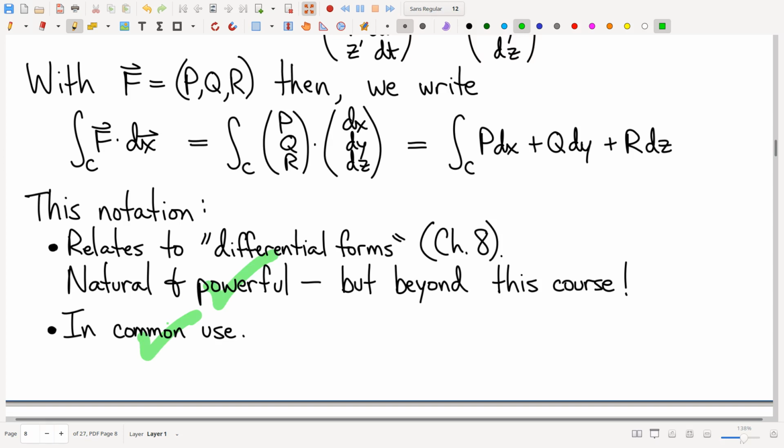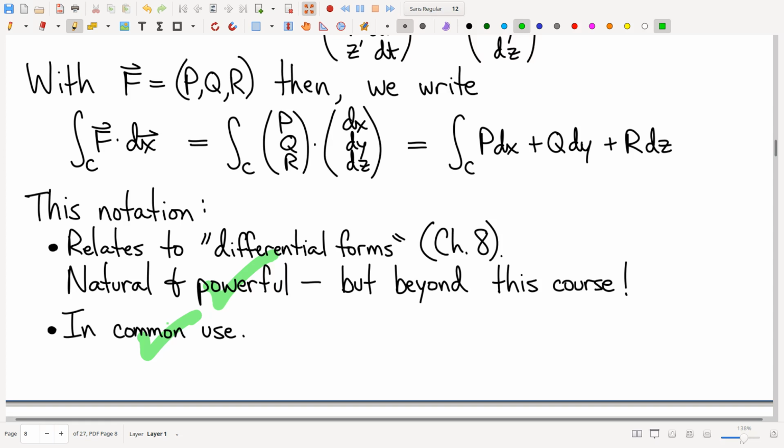And one could quibble with whether or not the people that use this notation are really taking advantage of the powerful tools that this notation gives them. Maybe they are, maybe they're not. I've seen a little of both, right? But the thing is, for whatever reason, you're going to see this notation. This notation's out there. And that's why I have to show this to you. You're going to find it in your future.